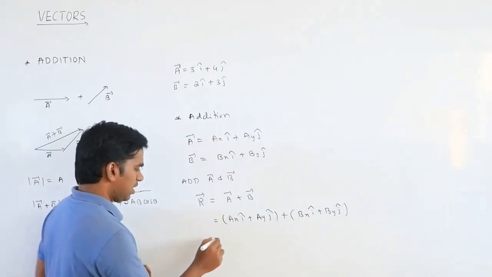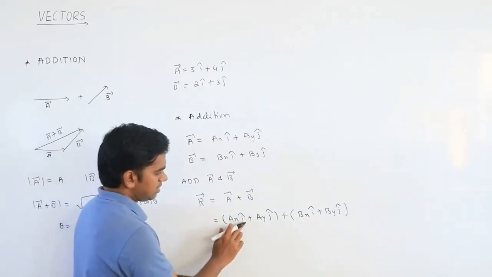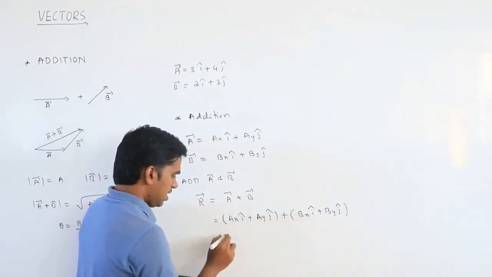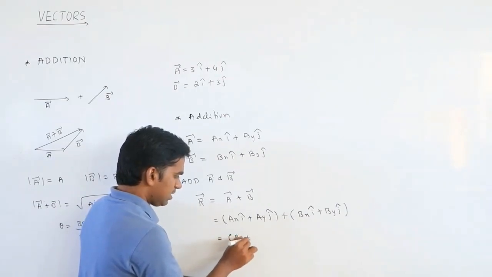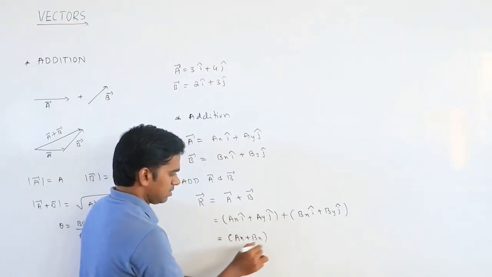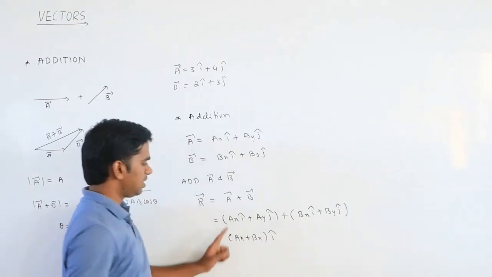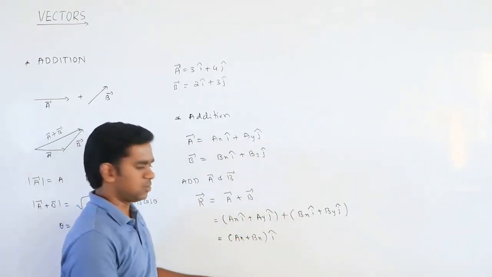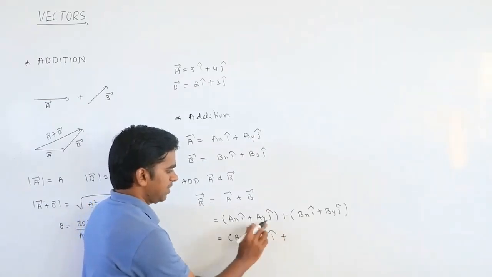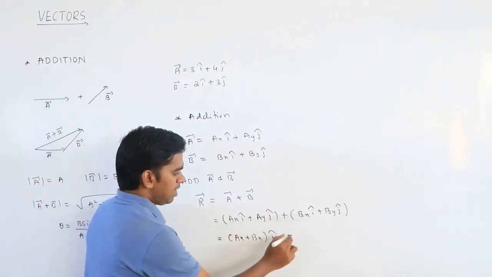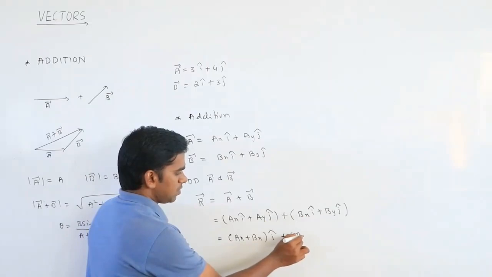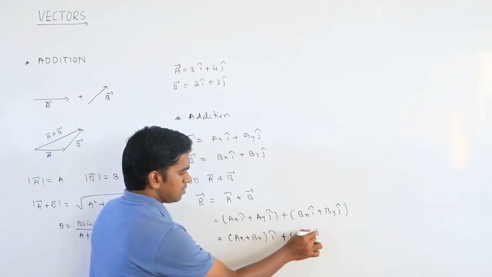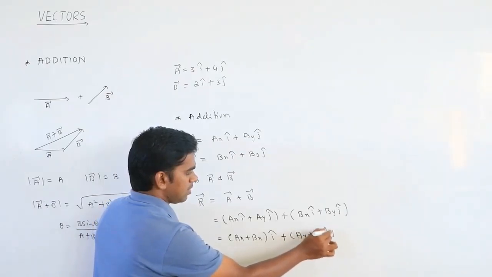Okay, so what are along the x axis here? Along the x axis are this I cap and this I cap. So I can write it as ax plus bx, times I cap, because ax and bx are both along the x axis. So I cap you can take common, plus ay and by are along the y axis, so ay plus by times j cap.